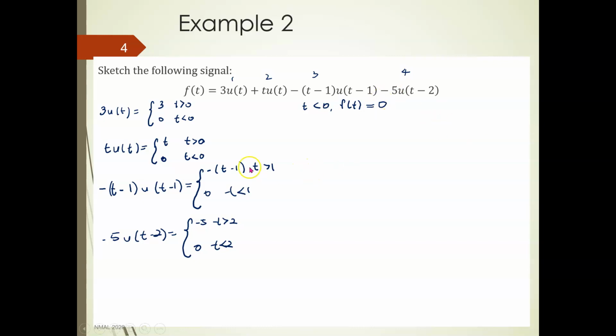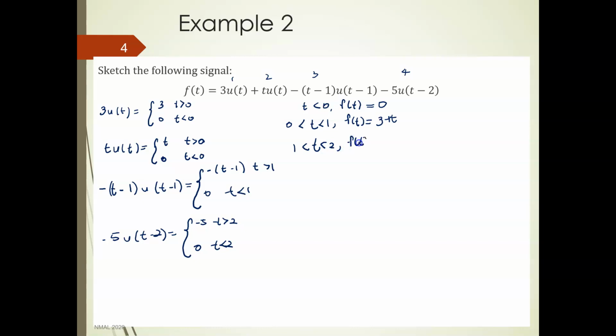So when t is less than 1 but bigger than 0, f(t) is equal to 3 plus t. You just leave it like that, and after that we will solve the whole equation. The next time range is 2, so t will be bigger than 1 and less than 2.